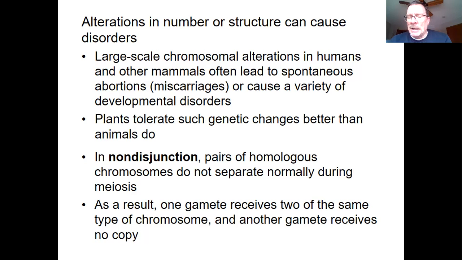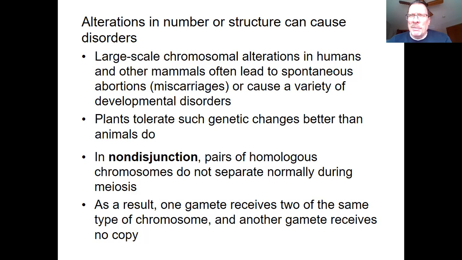There are reasons for it that we're not going to discuss here, but they're just able to tolerate things like polyploidy. It would not be uncommon for plants to have a whole extra set, triploid instead of diploid, but we'll talk about that in a minute.